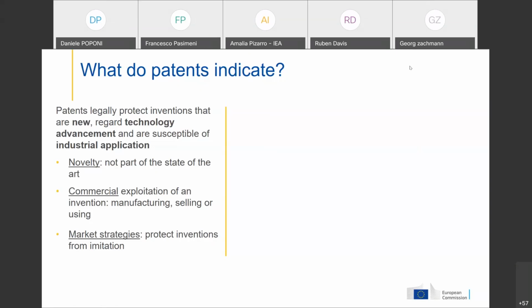So patents indicate novelty. They indicate potential for commercial exploitation, and they may simply indicate market strategy, since patents can protect an invention from imitation.